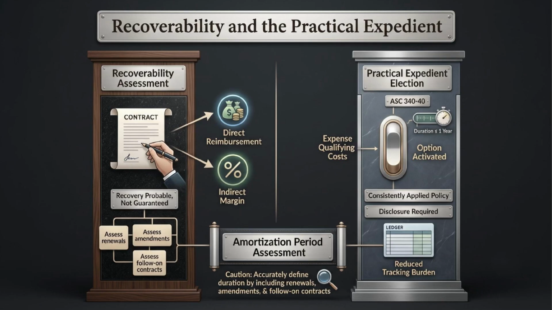If the amortization period for a qualifying cost to obtain a contract would be 1 year or less, the entity may expense it as incurred. But be careful. Expected renewals, amendments, or follow-on contracts can extend the benefit period, so a cost that looks short term at first may still require tracking.